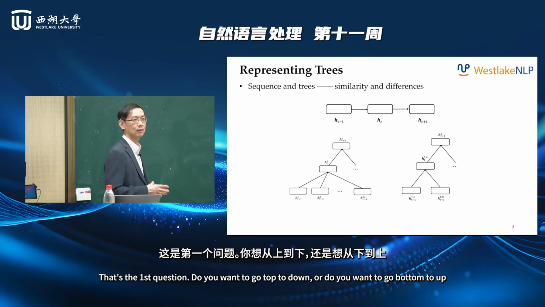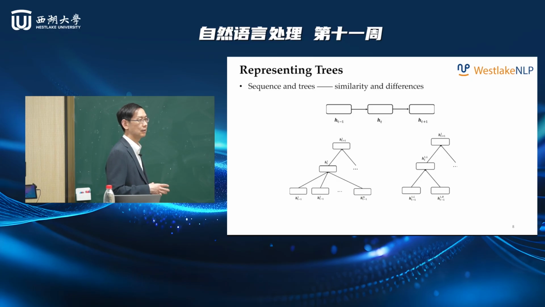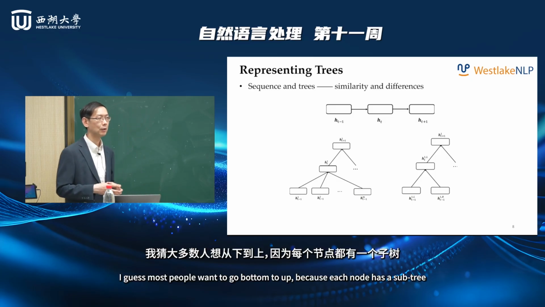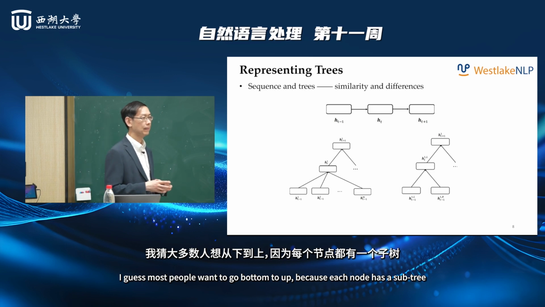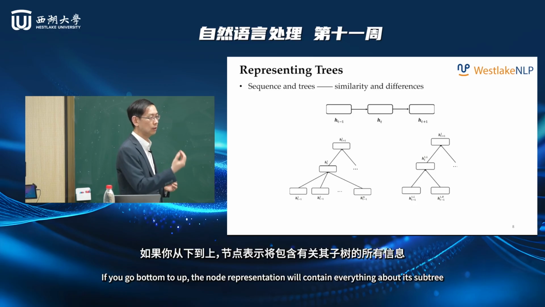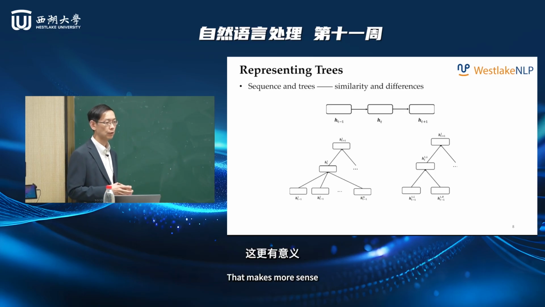Do you want to go top down? Or do you want to go bottom up? I guess most people want to go bottom up, right? Because each node has a subtree. If you go bottom up, the node representation will contain everything about its subtree. That makes more sense, okay.